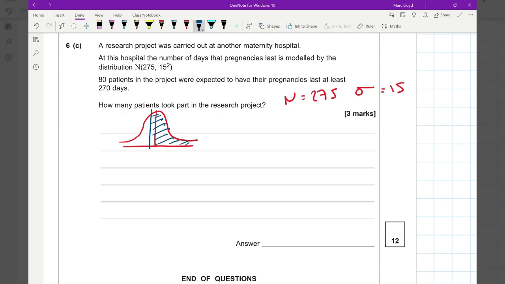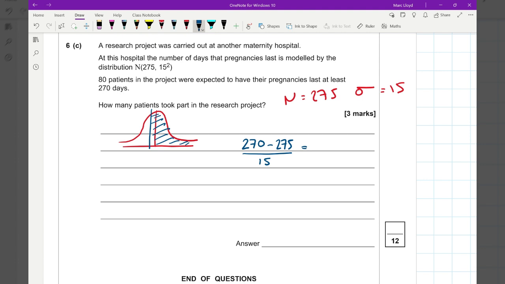Okay, so what we need to do from here is we're again going to have to use the standard normal distribution. So we start off by taking the 270 days. We're going to subtract the mean and divide it by the standard deviation. So 270, oh, I'm in the wrong mode. Go back to run matrix.